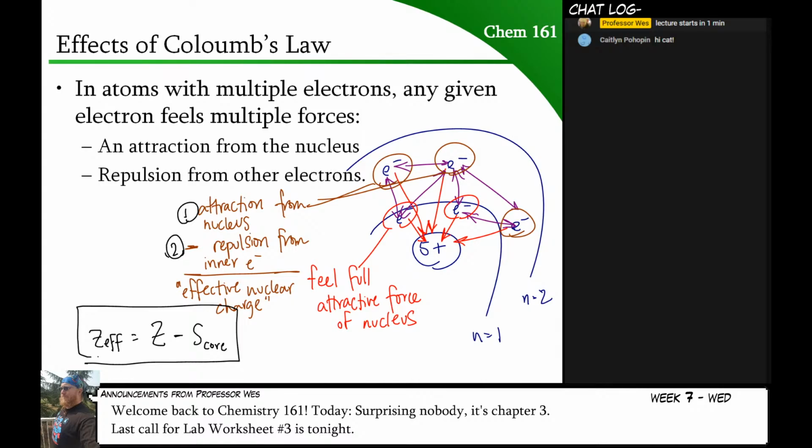So in this circumstance shown on the screen here, my Z effective would be I have a charge of 5 in the nucleus minus the 2 electrons circled in the red. The outer electrons feel a force of 3 protons pulling on them.